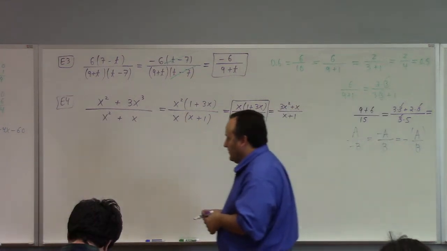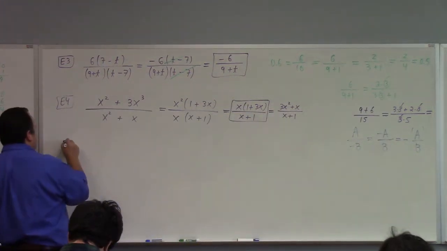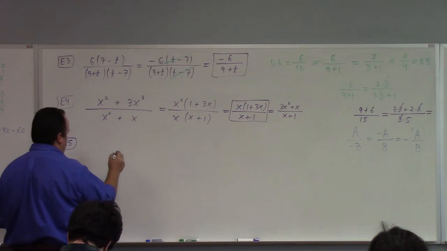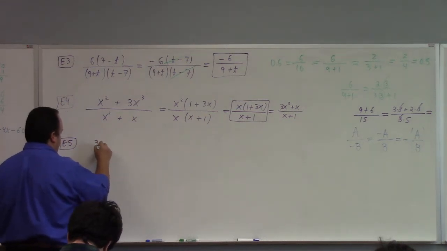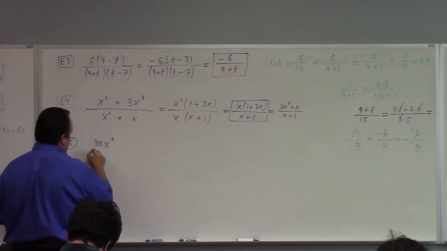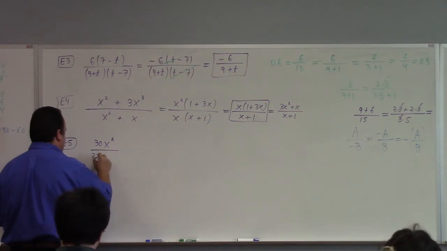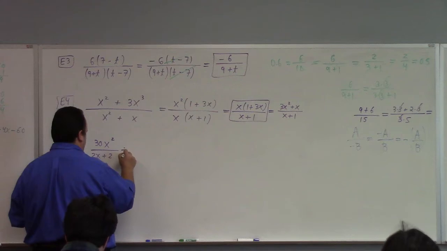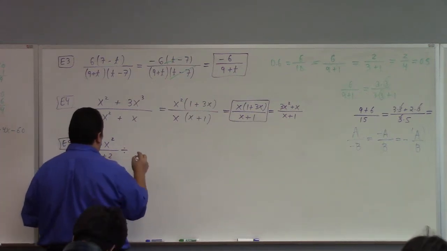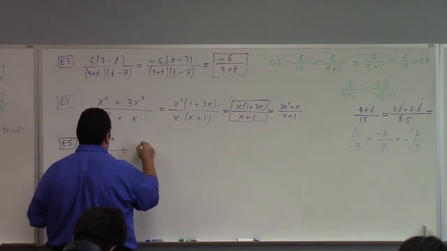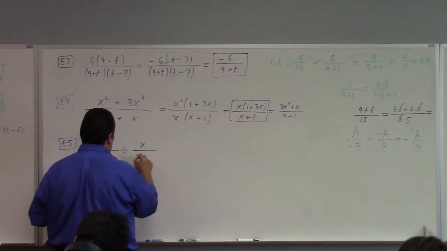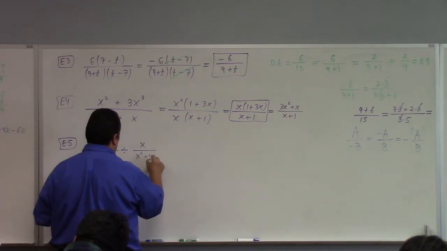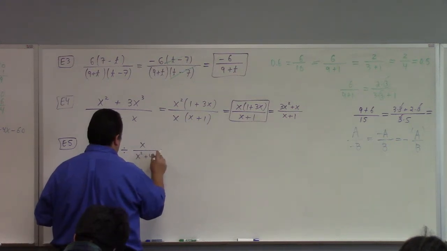Okay, so example 5. What if we had 30x squared over 2x plus 2, and then we're going to divide by, let's say, x over x squared plus 3x plus 2.